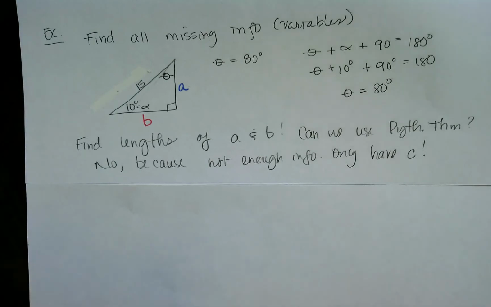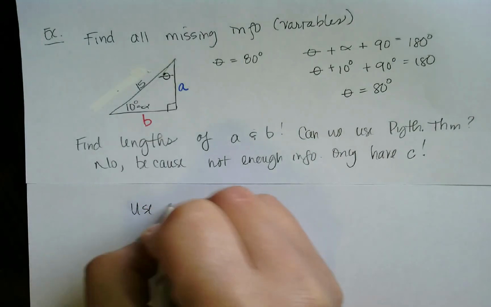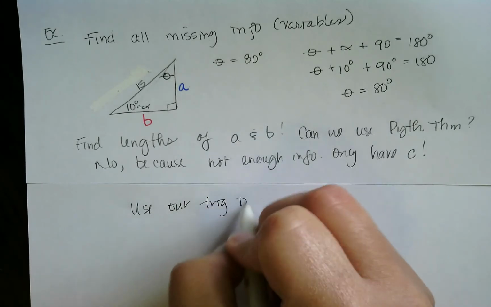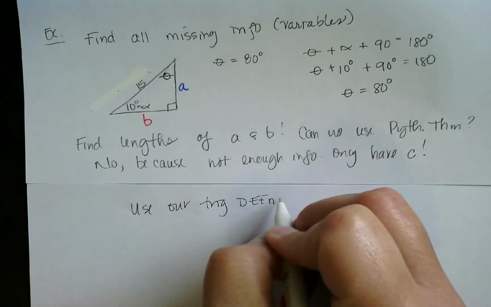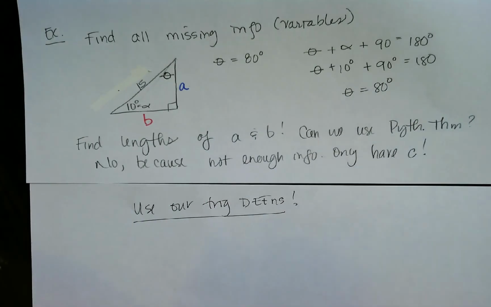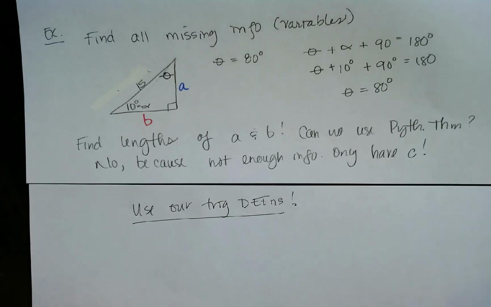So what are we going to do? We're going to use our trig definitions. Remember, when you say sine of alpha equals opposite over hypotenuse, that means you're plugging in an angle. Okay?